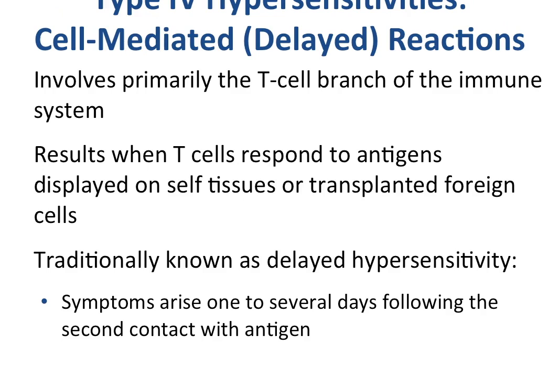Now let's talk about type 4 hypersensitivities. Actually, these are T cell induced reactions. Once antigen gets into our body, the T cells can recognize those antigens and induce the hypersensitivity.